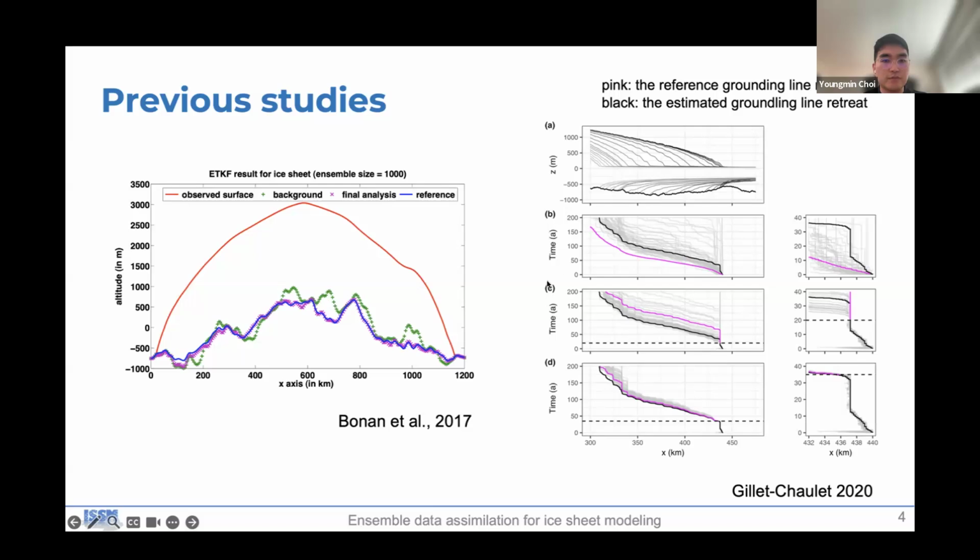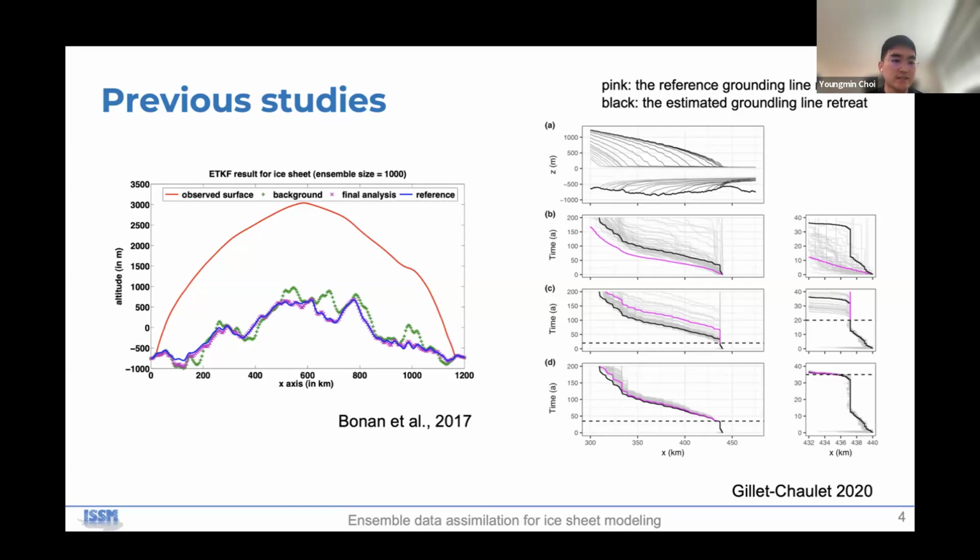From figure B to D, they assimilate more observations, and as more data is assimilated, the estimated grounding line positions get closer to the reference grounding line positions. Both studies show very promising results of ensemble data assimilation for ice sheet modeling, but one of the limitations is that they use a flow line model, which means they assume that ice flows in only a single direction along the flow line.